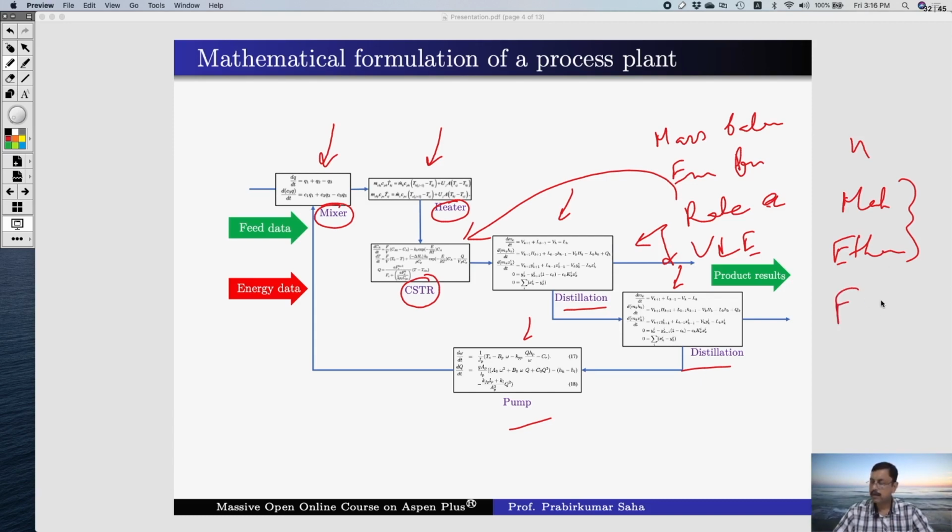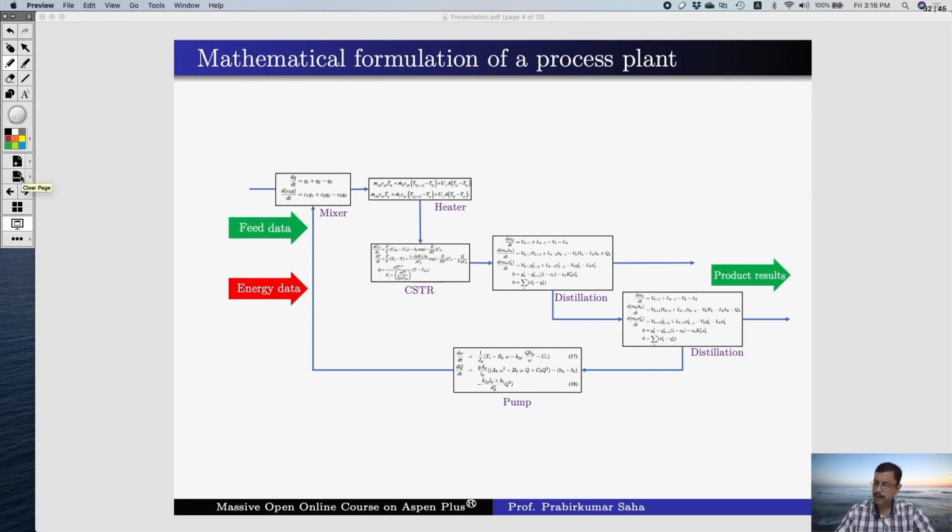The flow rate, temperature, pressure, those things will change, but the structure of equation remains the same. So if your structures are the same, you need to feed the data.